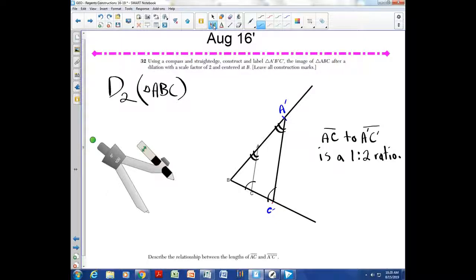And of course, angle B is congruent to angle B, reflexive property. Now, the only way that those angles are going to be congruent is if they are formed by 2 parallel lines, because those are corresponding angles. So another thing that we know is true about those two, AC and A prime C prime, is that AC is parallel to A prime C prime.